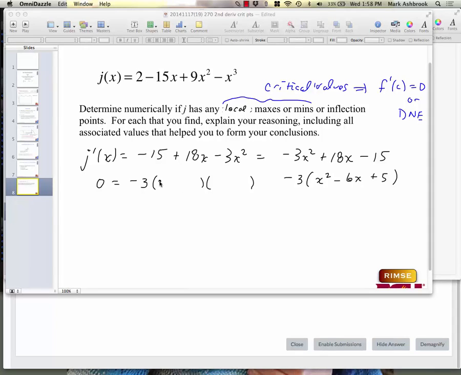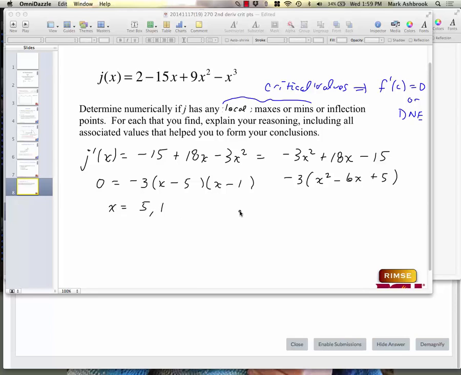What is it? They need to multiply to plus 5 and add to minus 6. Minus 5, minus 1. Is that right? Agree? Therefore, what x values make our first derivative 0, or in other words, are critical values of this function j? x equals 5 and 1.